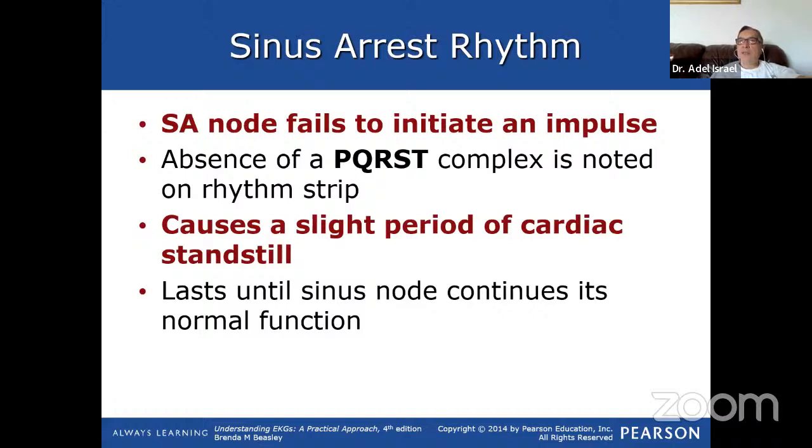Okay? So this is like the electricity outage of our home for a second or 2 seconds. So you find that the lamp shuts down, all the lamps shut down, the fridge, everything shuts down and comes back to normal. So this is what we call sinus arrest rhythm.